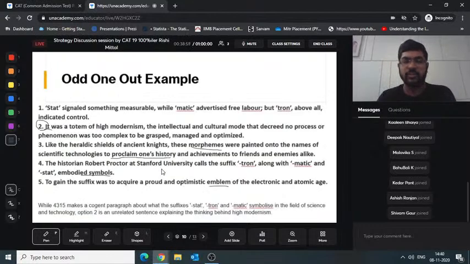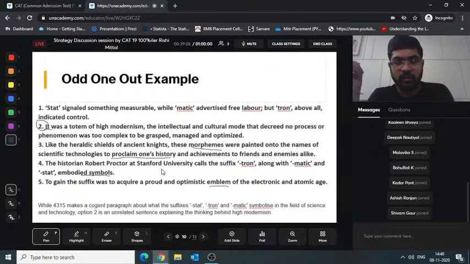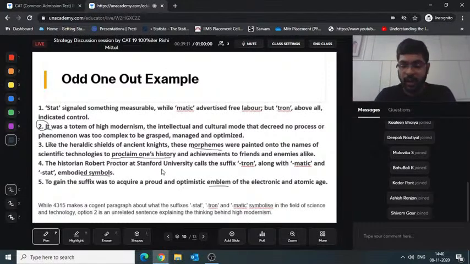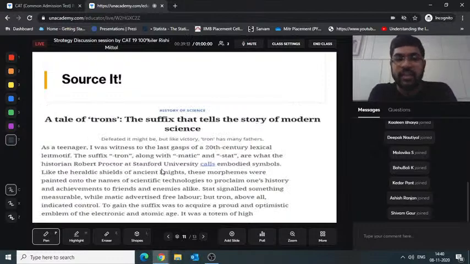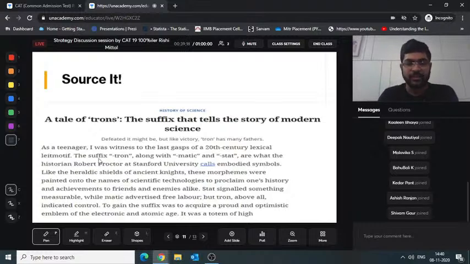When I went to source this question, so that I could read what this article is about, what tone the author follows, how these articles are thought about, I found this article, A Tale of Trons, the suffix that tells the story of modern science. And if you see, these sentences are just one after the other in this particular paragraph that I've extracted over here.